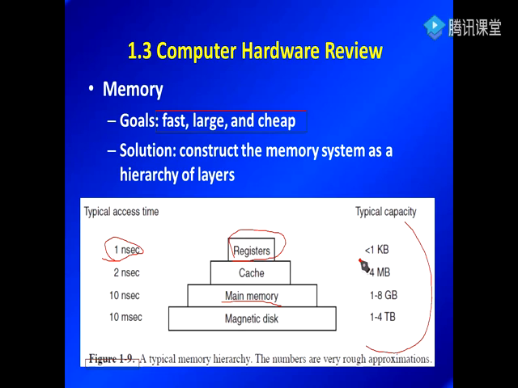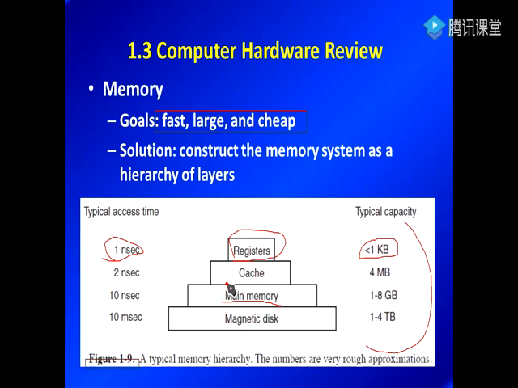So you can see usually we have less than 1 kilobytes of registers. So the registers can only store the data less than 1 kilobytes. So for registers, it's expensive, it's fast, but it's small.